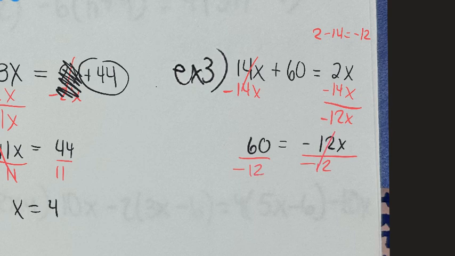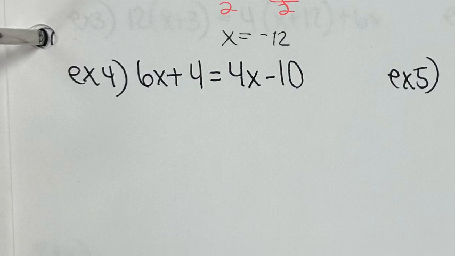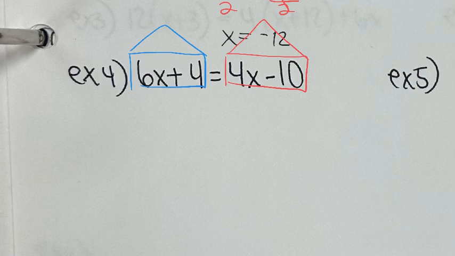All right, finally type in, what do you get? What's the final answer? X equals what? X equals negative 5. 60 divided by negative 12 is negative 5. All right, let's look at example 4. In the left house, I have x's and numbers.